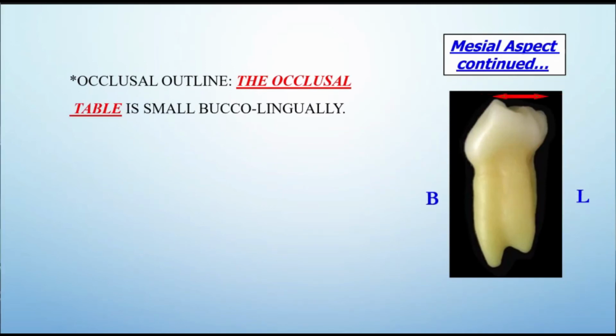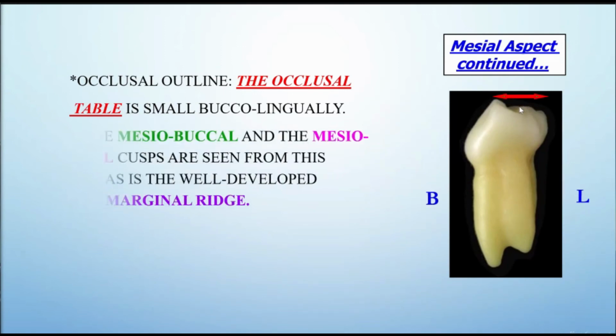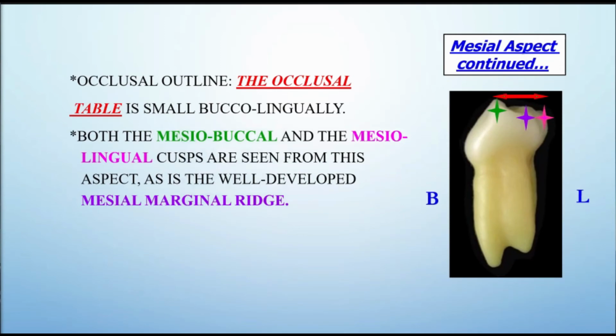The occlusal table is small buccolingually. You see here, the buccal cusps are near the lingual cusps. The occlusal table is very small. Both the mesiobuccal and mesiolingual cusps are seen from this aspect, as is the well-developed mesial marginal ridge.